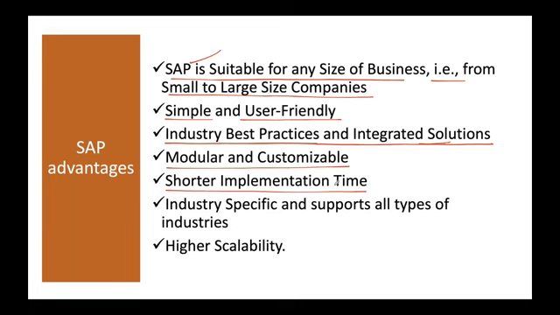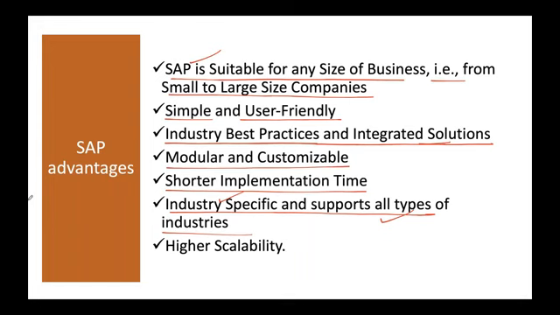It also has shorter implementation time. To implement SAP it takes less time. It is industry specific and supports all types of industries. For each type of industry they have come up with an industry specific solution: automobiles, oil and gas, pharmaceutical, chemical, food industries, beverage industries which manufacture soft drinks or hard drinks, beer, whiskey.